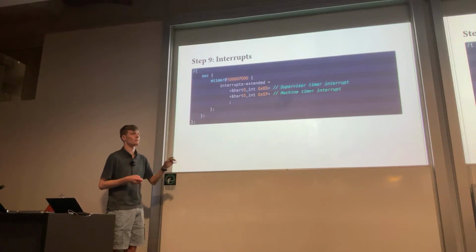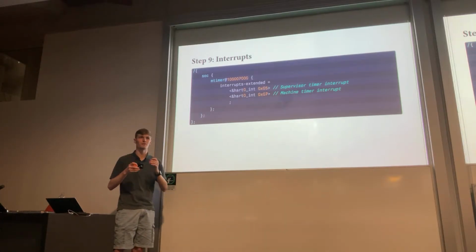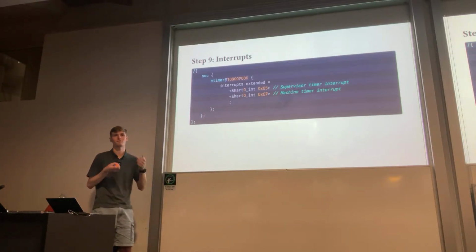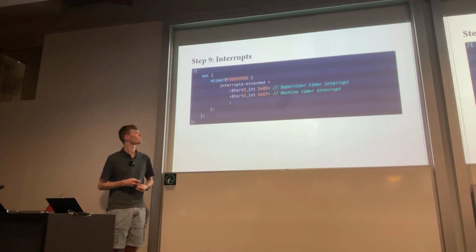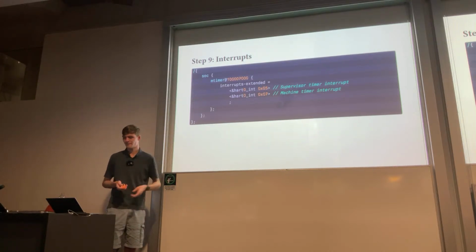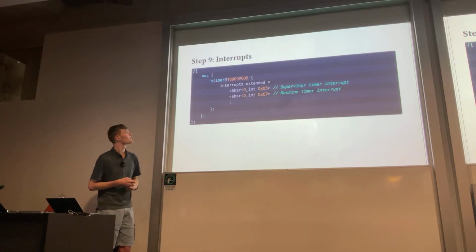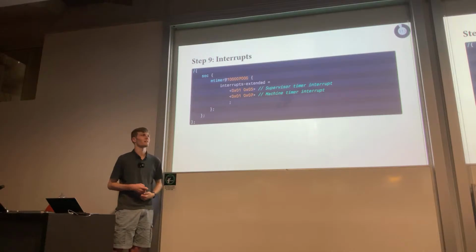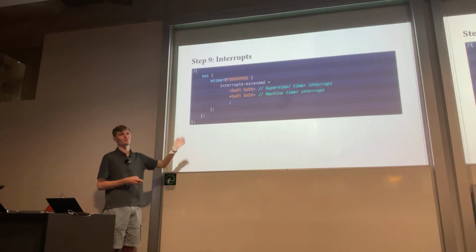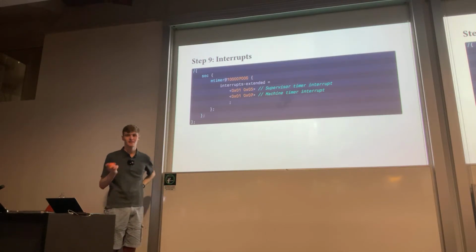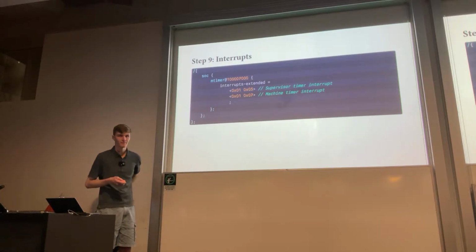The reason there's two is because the two different privilege modes, machine mode and supervisor mode, have separate interrupt bits for them. And this desugars in much the same way as the other one, but instead of adding another property, that just inlines to the hex 1 that I mentioned earlier.